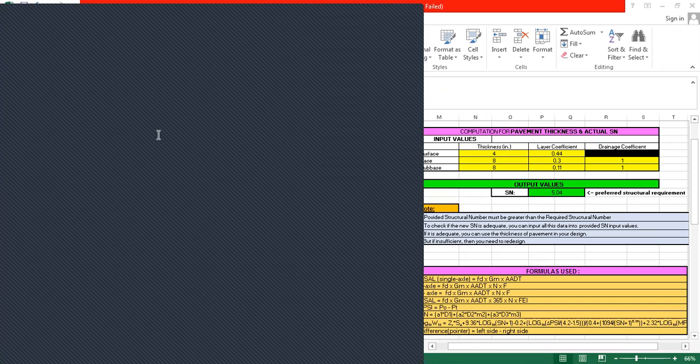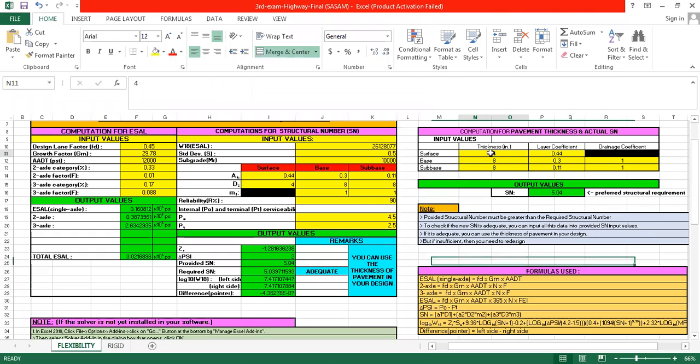A3, and D1, D2, D3, and M2 and M3. So here the pavement structural number is determined from this equation, and here we will just input all of the given data and then use the formula of Sn, which is this one, and put it here.